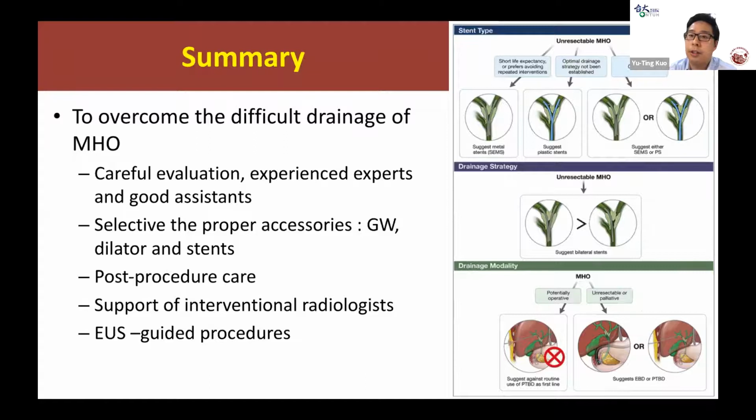If the patient has unresectable malignant biliary obstruction, I think bilateral stenting is preferred. With a very short life expectancy, I think the bilateral metal stent is better. On the other hand, bilateral plastic stents will be another choice.